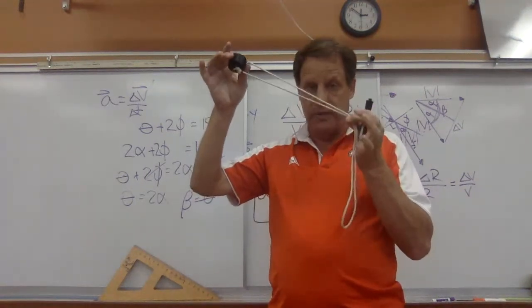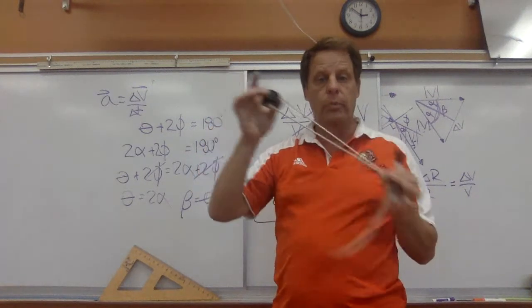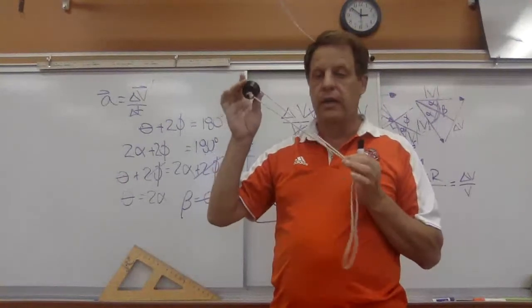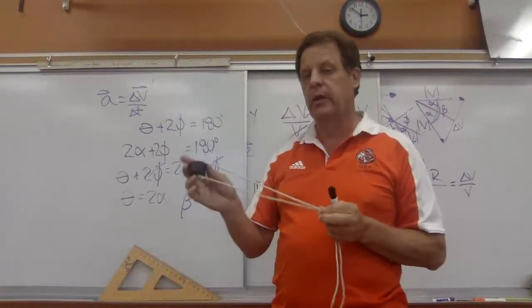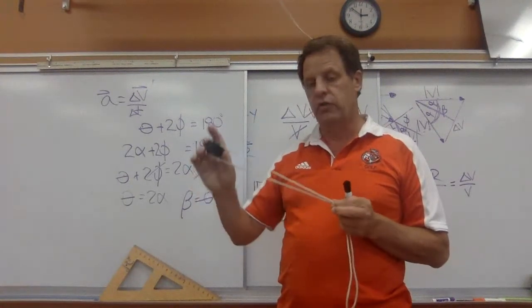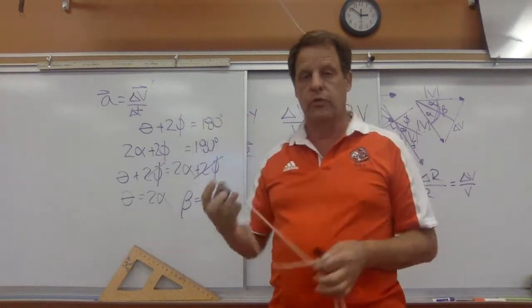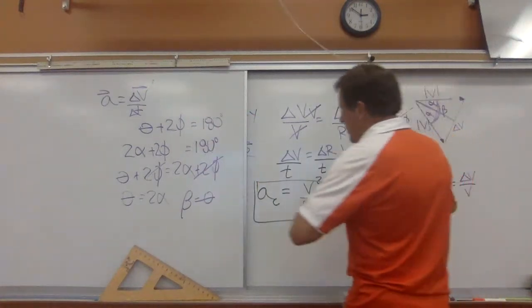The rope is constantly pulling it, which is going to be centripetal force, and we're going to talk about forces in the next unit. But it's always going towards the center. So we call this centripetal acceleration.